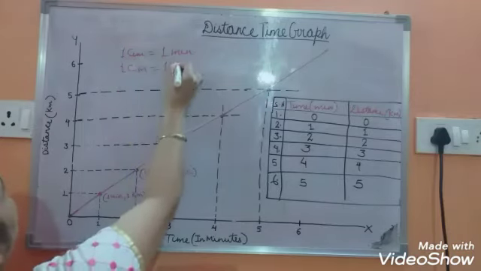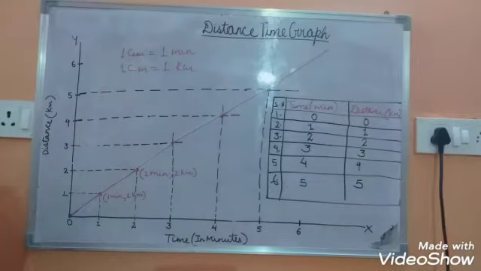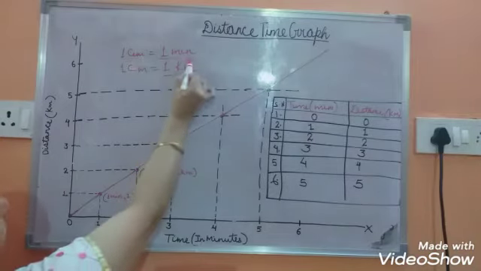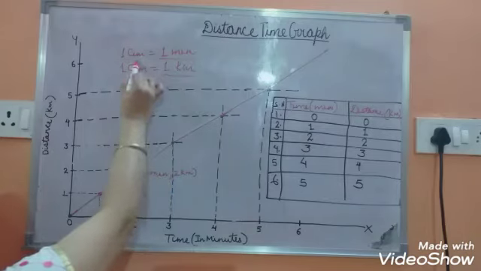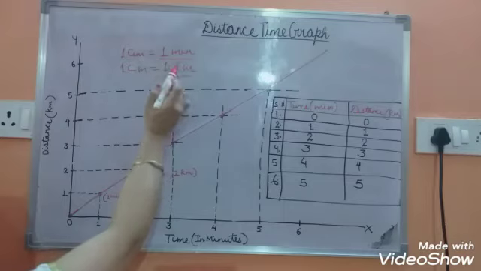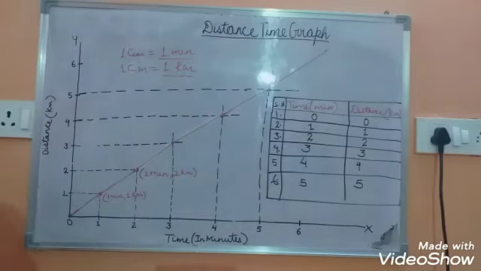Since the distance is in kilometers and time is in minutes, 1 minute is 1 centimeter on graph paper, and 1 kilometer distance is also represented by 1 centimeter on graph paper.